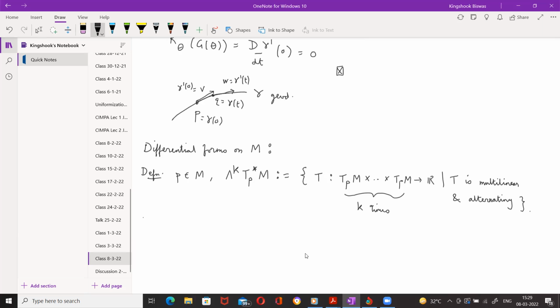So remember, if the partial derivatives del/del x_i form a basis of T_P M, then dx_i is the dual basis of T_P^* M, right? Yes.